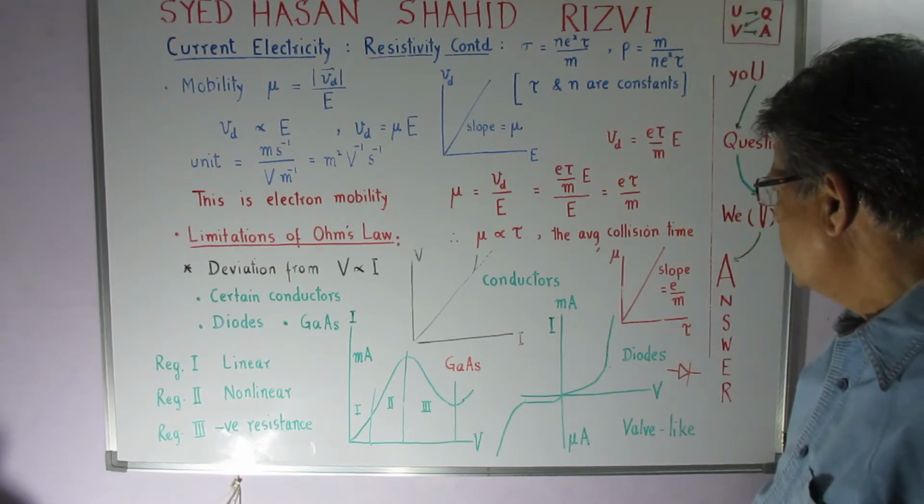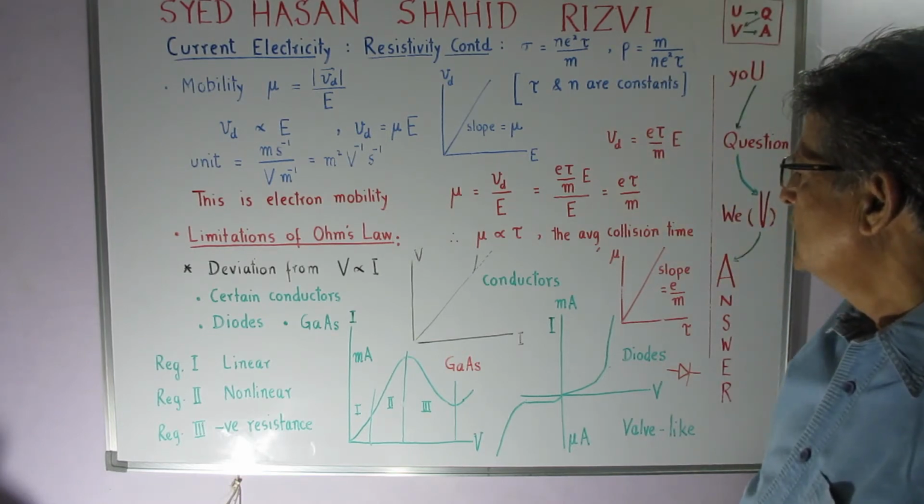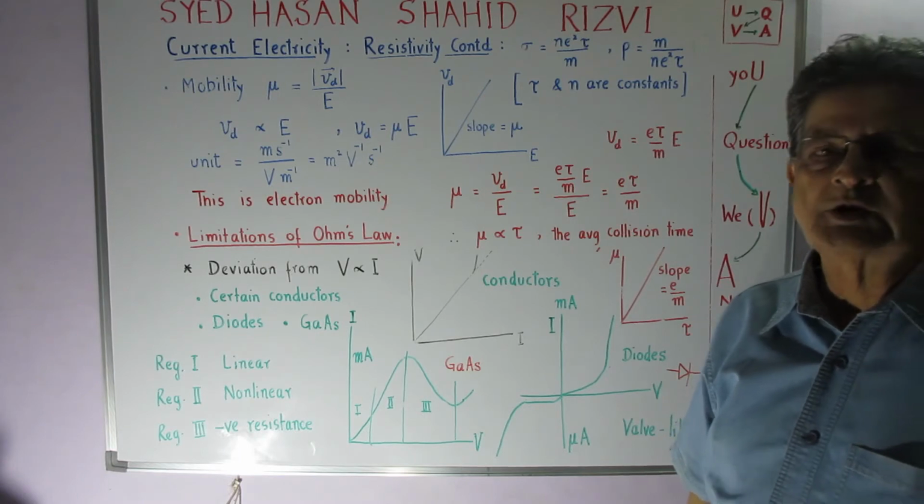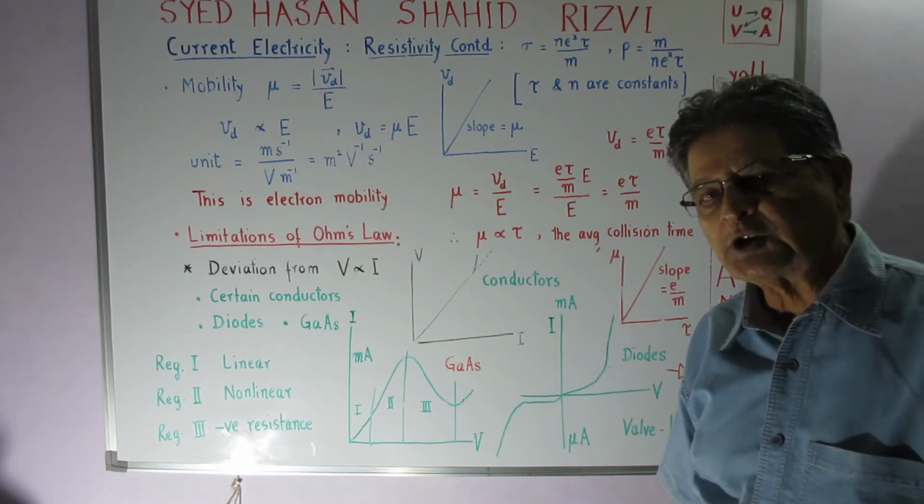Tau is the average collision time, the time between successive collisions.